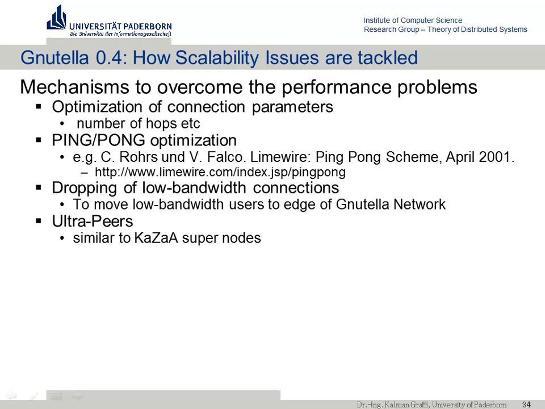So with ultra peers, or super peers, the main concept is that you have very strong peers which should do more than the other ones. What can also be done is to use file hashes so that it's easier to introduce some caching.